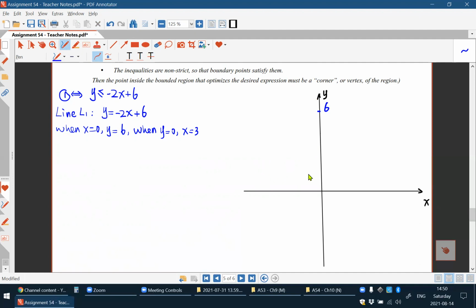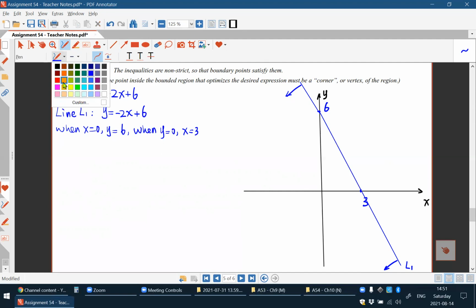Second point, 3, 0. So this is the first line, and it should be a solid line, right? Because the inequality says less than or equal to. Okay, this is our line L1. And according to the inequality, y should be less than or equal to. Less than or equal to means the region should be below this line, right? So this is the first region. Okay.